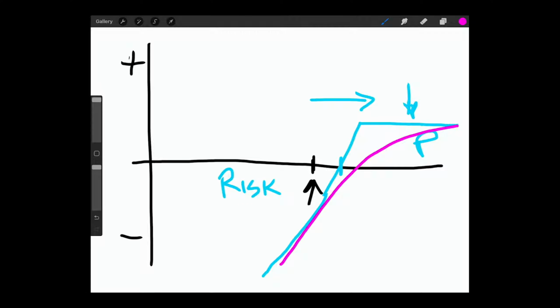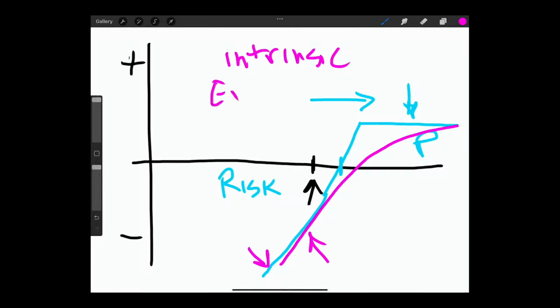All right, so the cyan line is your intrinsic value. The magenta line, that's your extrinsic value.